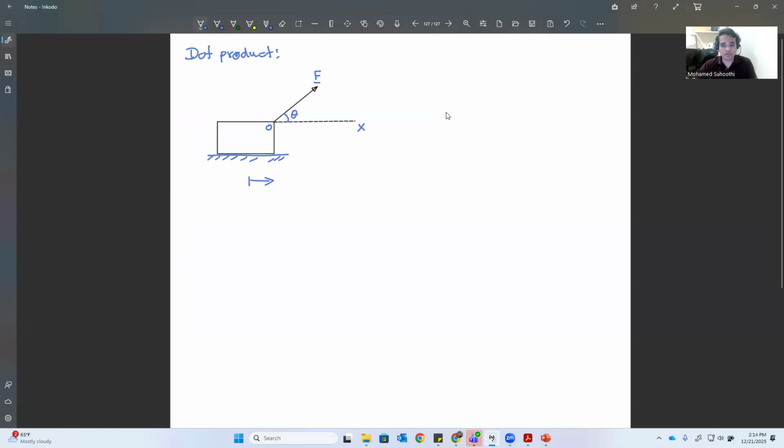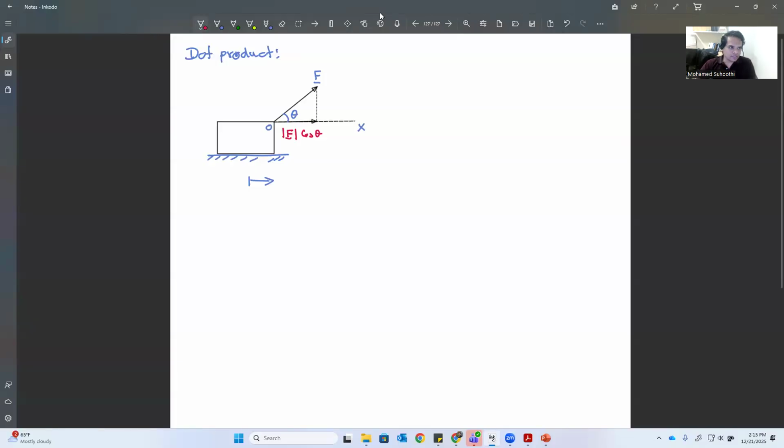So now if I want to take the force along this OX direction, what I have to do is consider the force along this direction. That means I have to decompose this force along this direction. Now this force will be magnitude of F into cos theta.